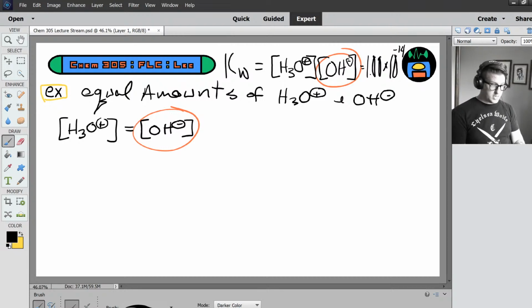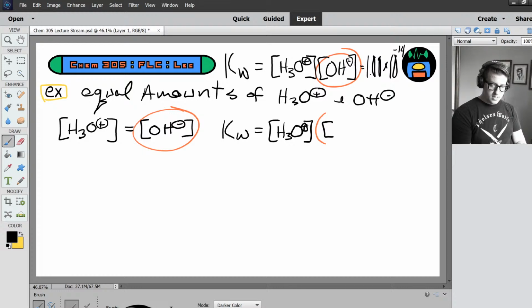We know that our concentrations are equal. And so as a result, we can substitute into this equation, Kw is equal to the concentration of hydronium times, now we're substituting in the concentration of hydronium for the concentration of hydroxide, because we know that the two are equal, all right?